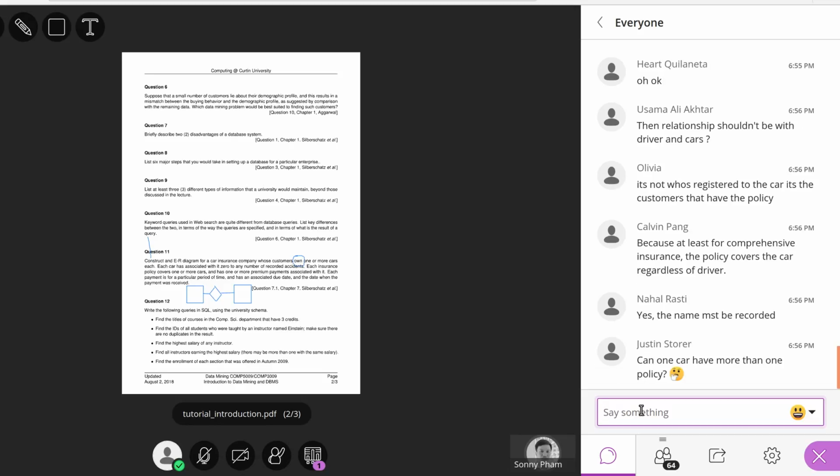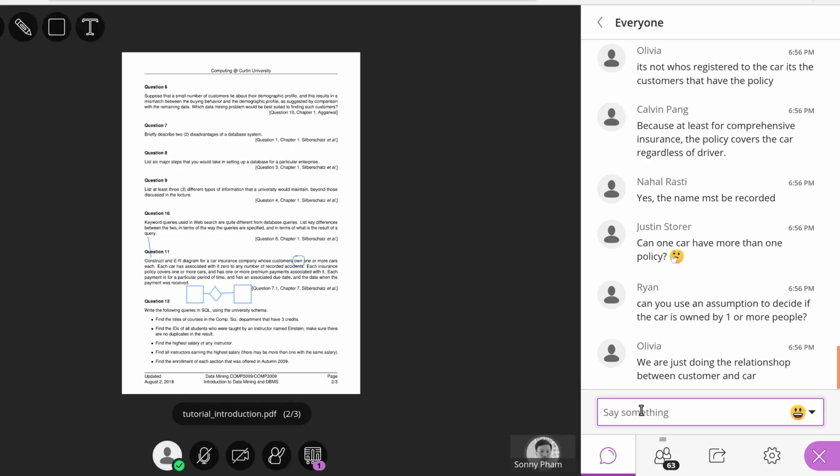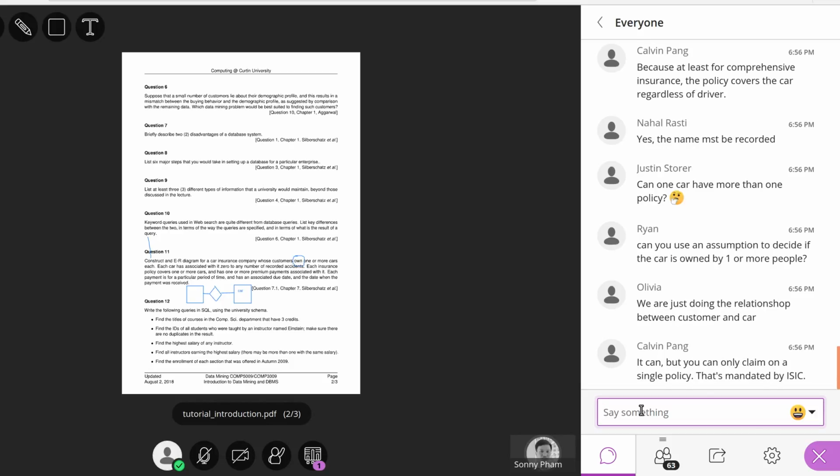Joe, I think you mentioned practical aspects of insurance. The policy should cover the cars. Of course, there's another table here. We have cars, sorry, I haven't finished this. So this is car, and this is customer.